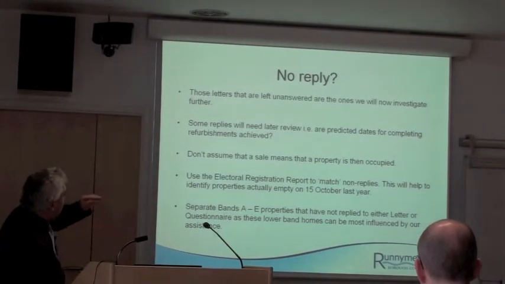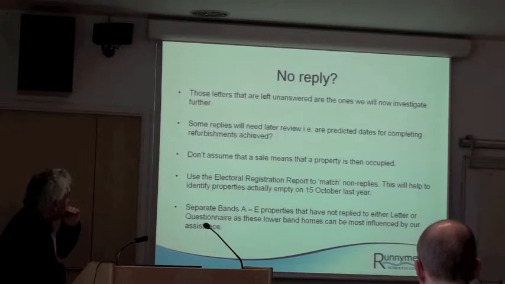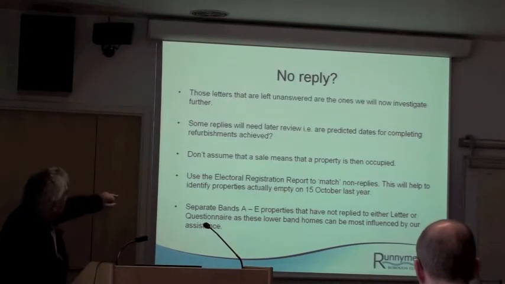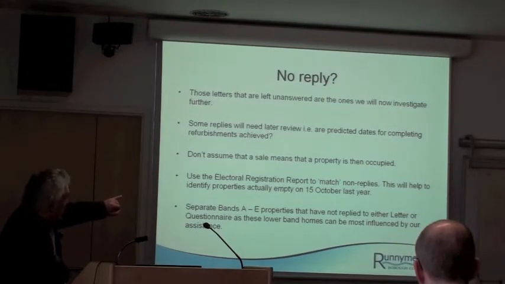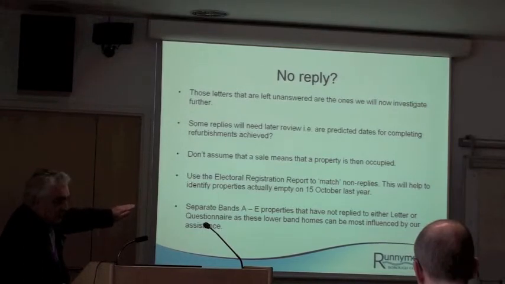Okay, as I said before, we don't assume that the sale means the property is then occupied. We can use the electoral register report to match non-replies. This will help us identify properties that are actually empty on that date the previous year.